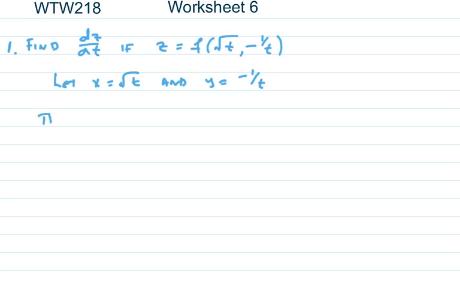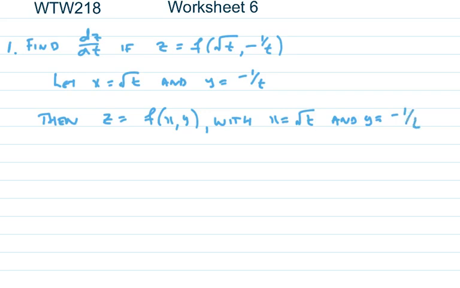Then we have z equals a function of x and y, with x equal to the root of t and y equal to negative 1 over t.